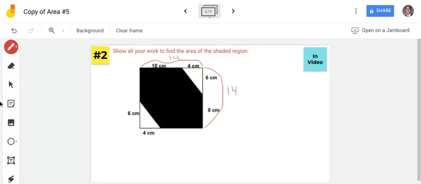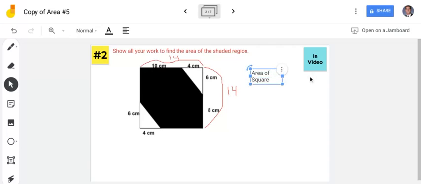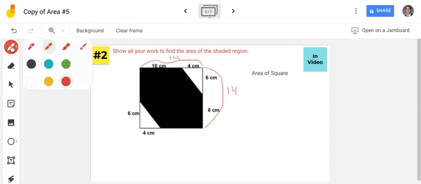To find the area of a square, I would do side squared. I could say length times width, that would be correct, or I could just say side squared, either one. So area equals S squared.